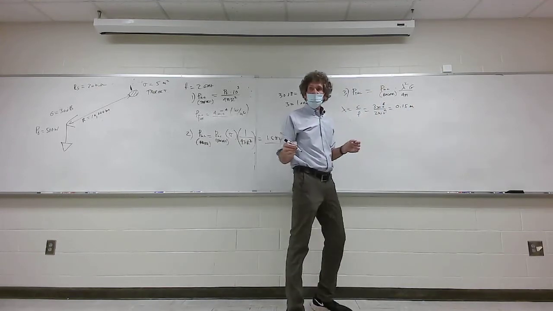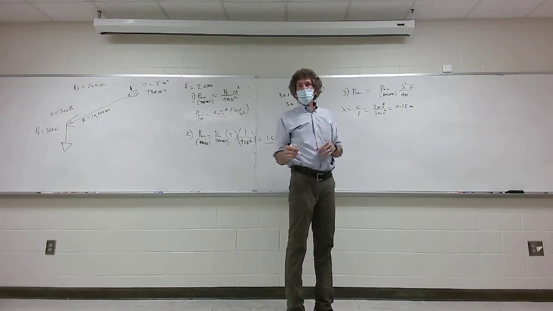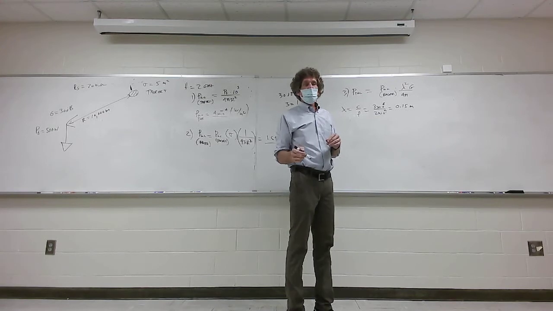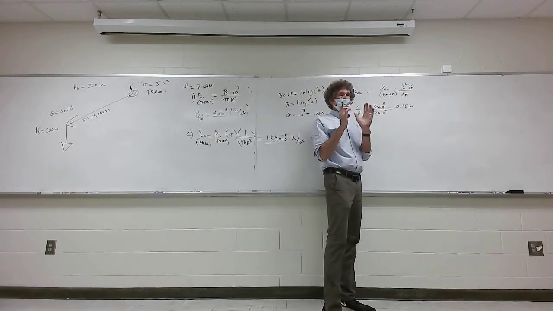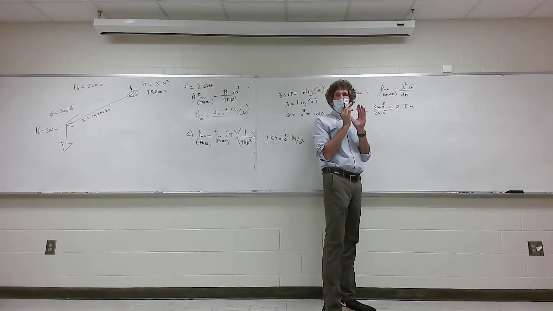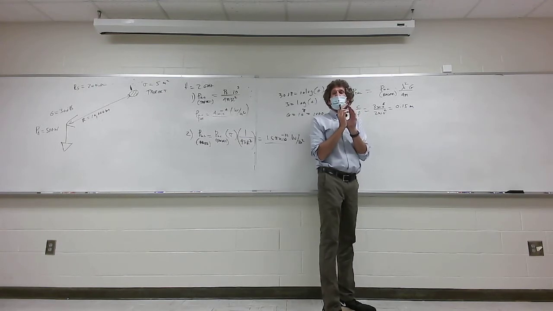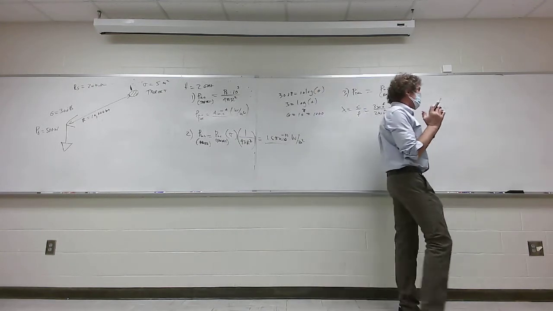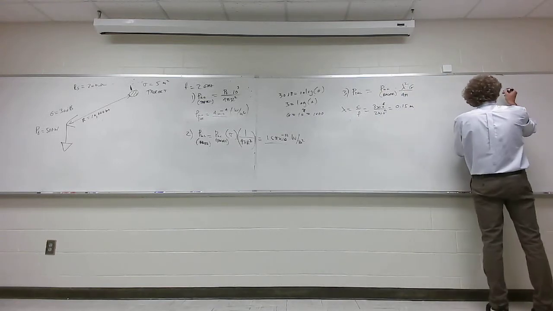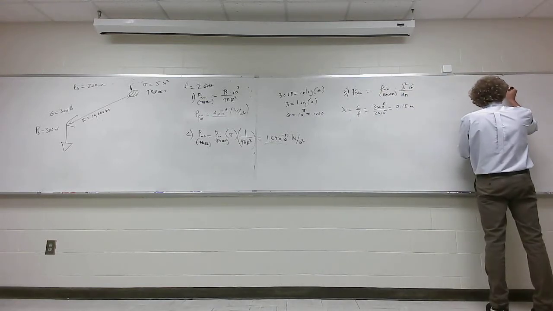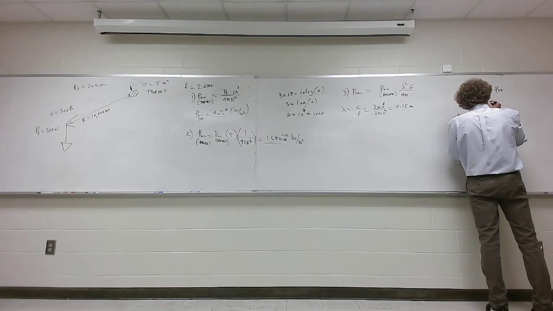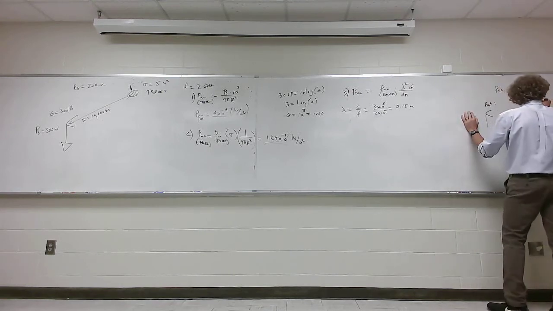Correct, class? So now, here's what some people did. They took lambda over 4 pi and squared the quantity. It's lambda squared over 4 pi, all right? The reason they did that is they were thinking Friis. Friis is this. P received, it's for 2 antennas. We have antenna 1 here, and we have antenna 2 here.